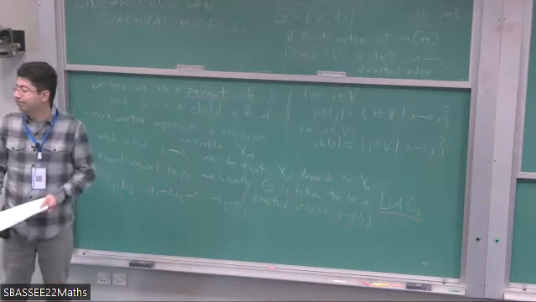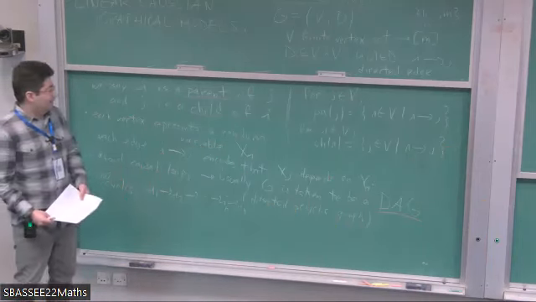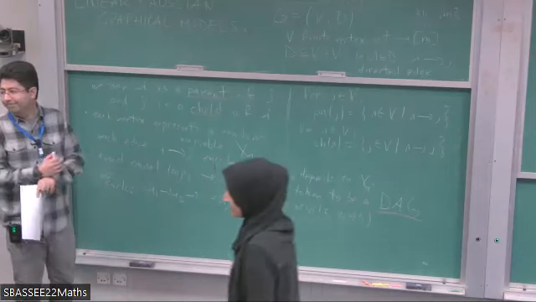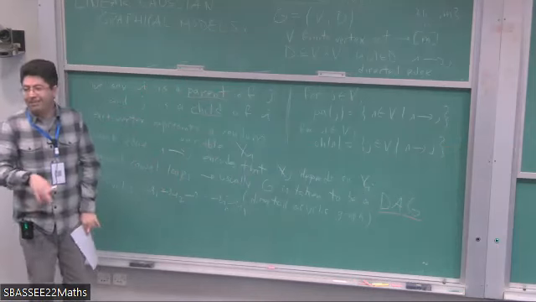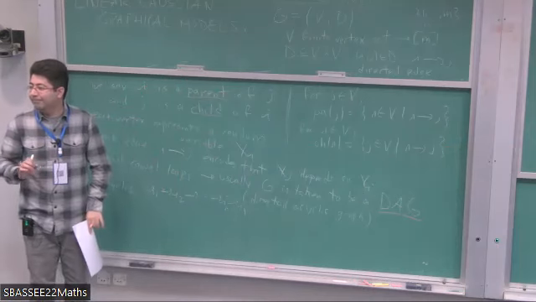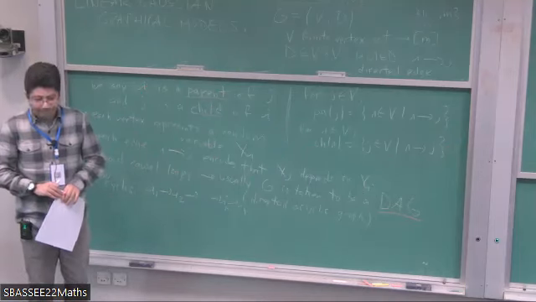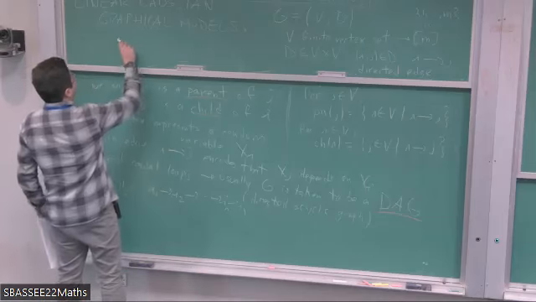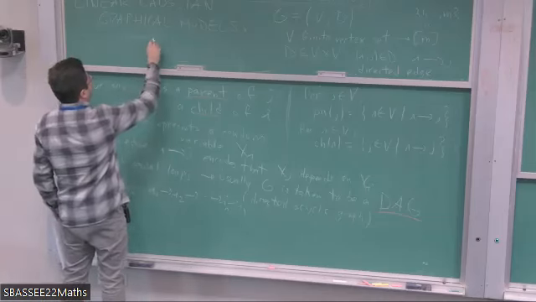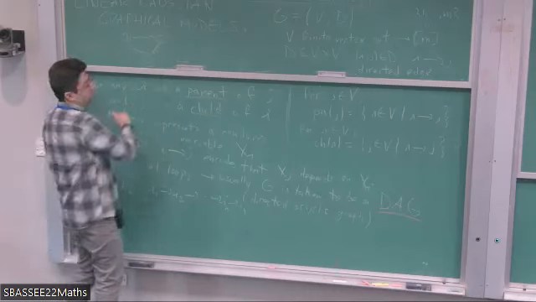Undirected cycle or a loop? Yes. All my edges are directed, but if I remove the direction and there is a cycle, that is allowed. So something like this is allowed, right?